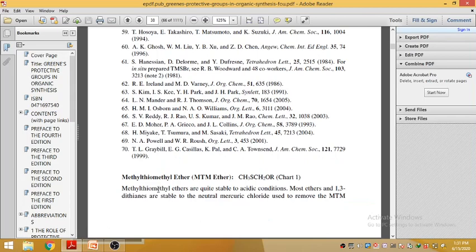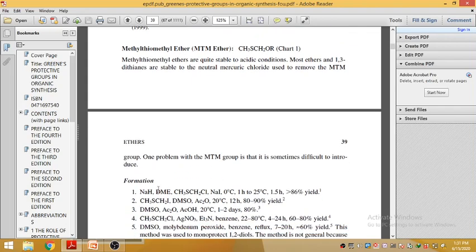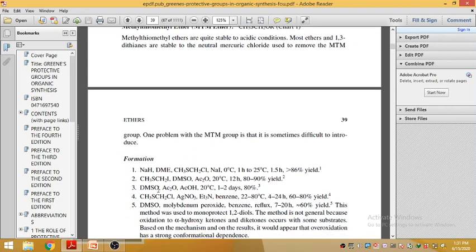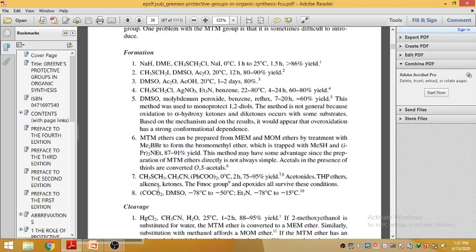So here are the detailed procedures or the references for the formation of MTM group. For example, in the first method they have used sodium hydride, DME, chloromethyl methyl sulfide and sodium iodide at 0 degree centigrade for 1 hour, then at 25 degree centigrade, and 0 degree centigrade for 1 hour, and then at room temperature for 1.5 hours, and they have got 86% yield.